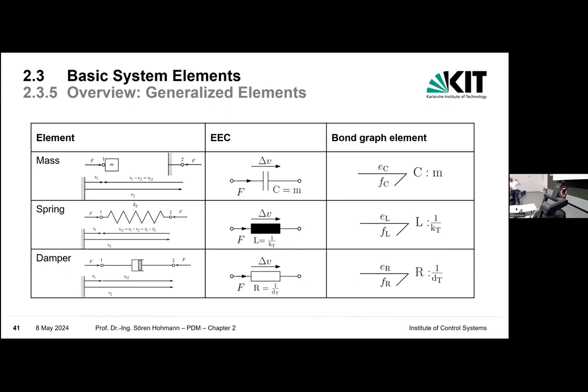You usually have the possibility to use the equivalent circuit, the bond graph representation, or on the left-hand side, you use what we know from the domain. If you're a mechanical engineer, well, you're not so happy with the middle part here.